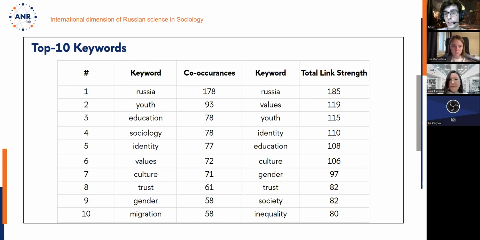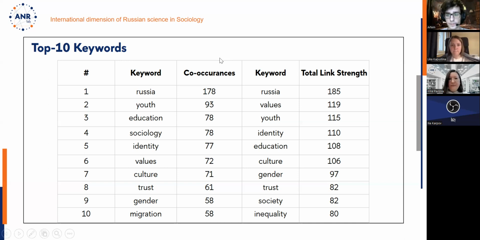As we can see, as I have said earlier, the most prevalent topics are concerned with education, youth, while also with culture and values, which some authors who also wrote on the development of Russian sociology also pointed out, that in our theoretical reasoning, the question of values and the whole topic of values is maybe overrepresented as compared to Western sociological theorizing.